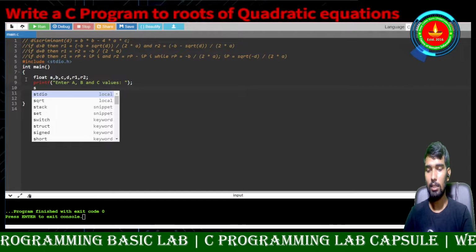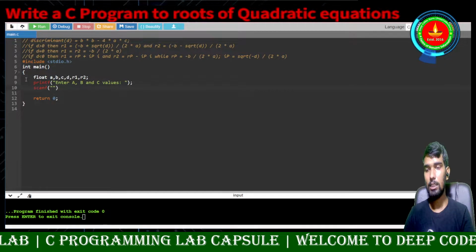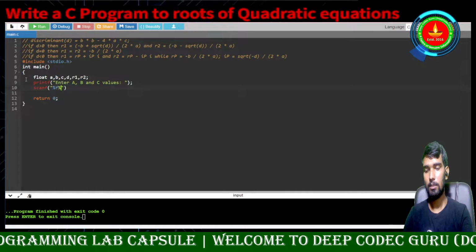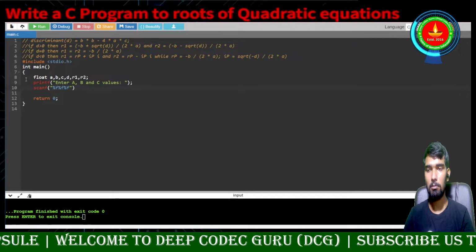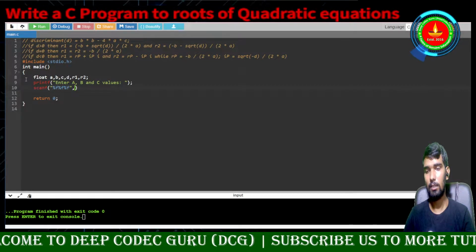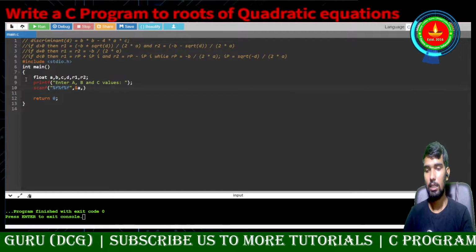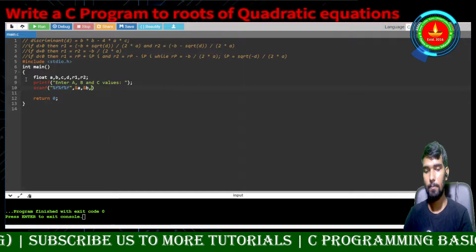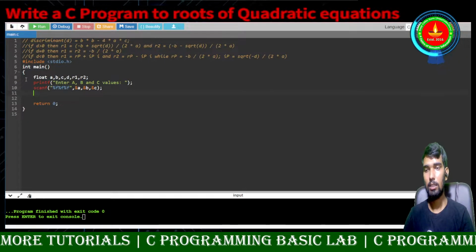Now we are reading those values with scanf, and these are float type, so percent f, percent f, percent f. We are reading 3 float values, so we have 3 format specifiers: &a, &b, &c. So we are reading 3 values.